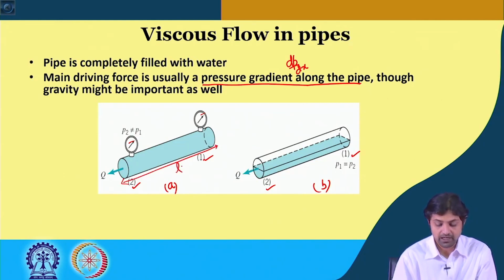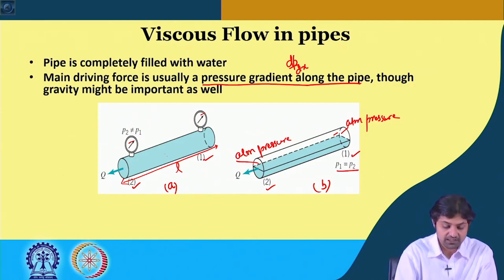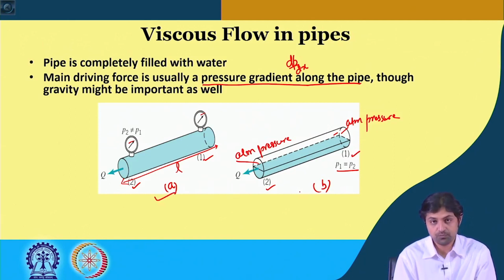In the second case, the pipe is not completely filled with water. It is open, so here also the atmospheric pressure will be there, and here also atmospheric pressure will be there, and P1 will be equal to P2. The first is classified as pipe flow, whereas here there is no pressure gradient.